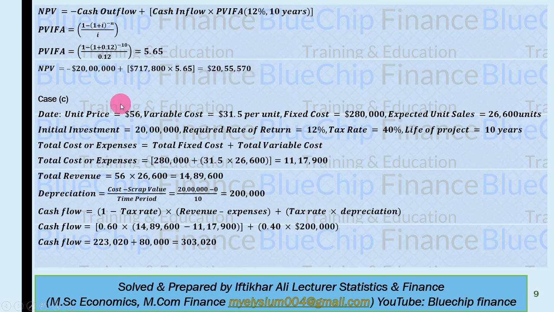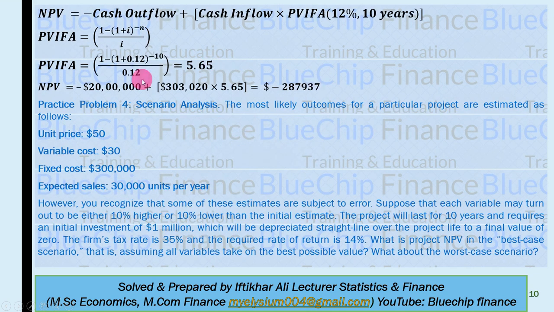And in case C, in which we reduced all the variables by 30%, in this case your cash flow will become 303,020 and your NPV will become minus 287,937.